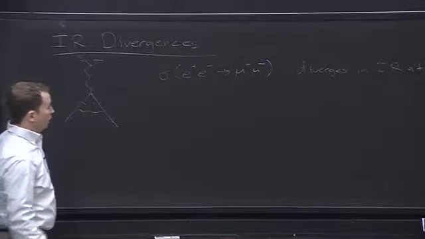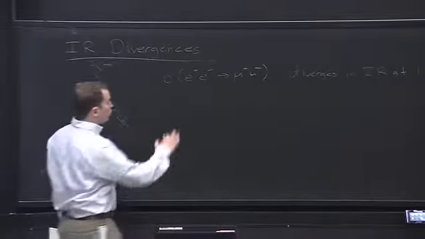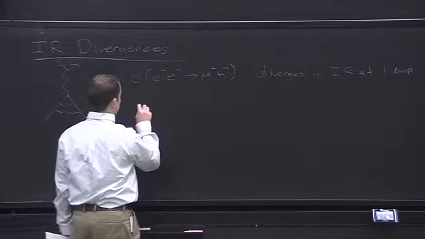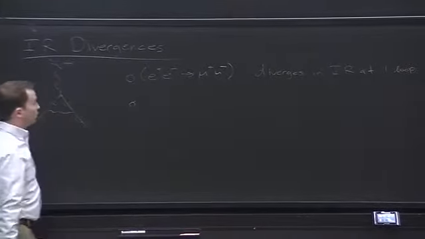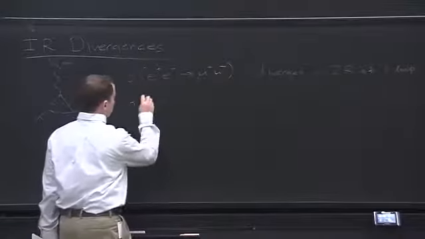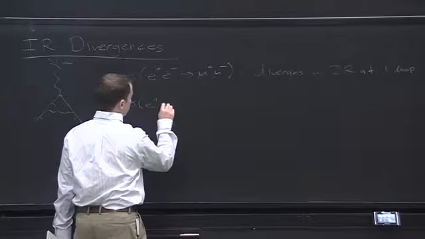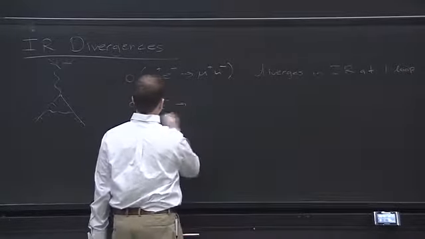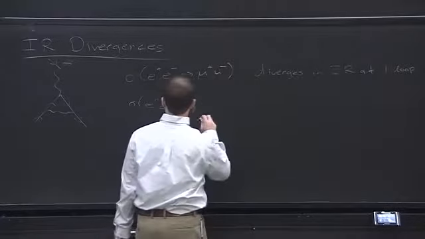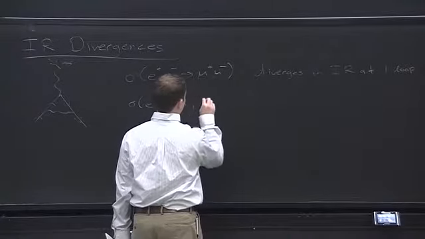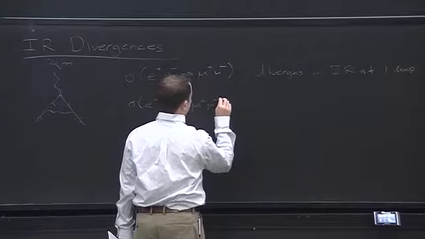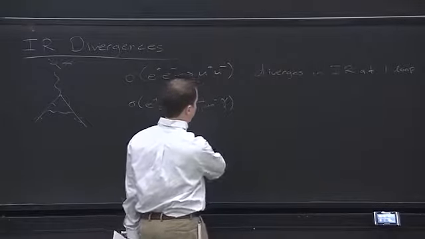And this IR divergence will cancel with another IR divergent cross-section, namely the cross-section for electron, positron to muon, anti-muon with an extra photon.